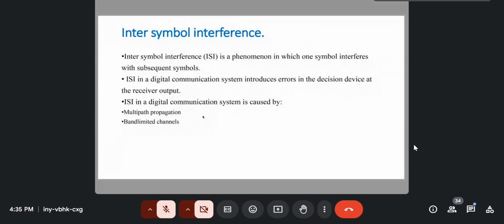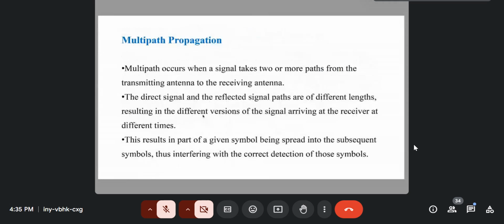But actually it's not the biggest. The biggest is the band limitation where you are carrying the signal. And why is it an issue? It's an issue because you're carrying pulses.